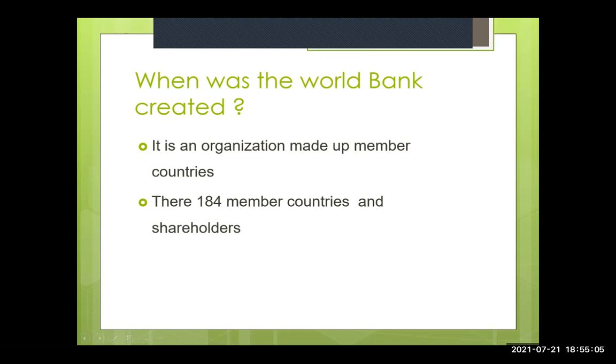They also have another 184 member countries and shareholders, right? And I think they have locations in about another 130 countries. Just to name a few, I think China, and I don't remember the next name. Yeah. All right, so let us move on now.